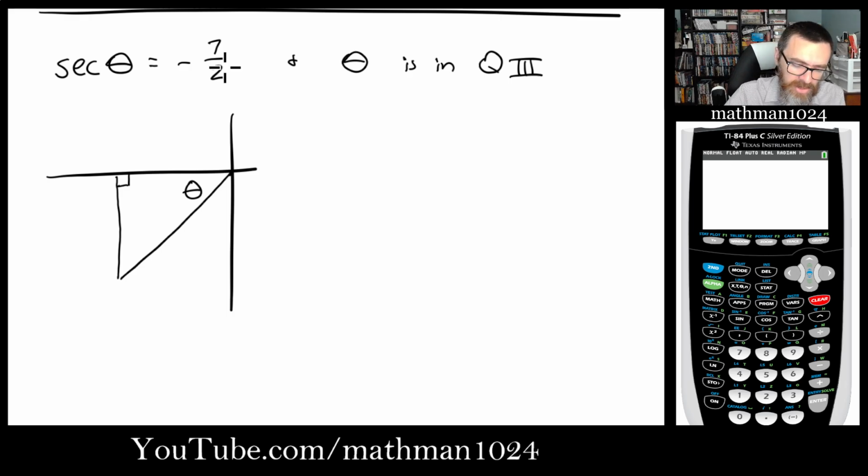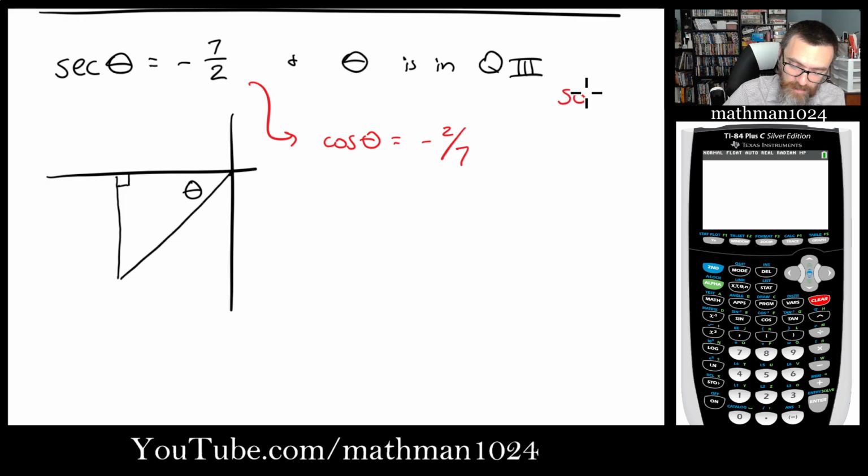Now, this is what my secant is. And I don't know about you, but I feel like I always have to put it back into cosine form so I can make sure I totally understand what's going on. So if this is the case, that means that the cosine, which is the reciprocal of secant, is going to be negative 2 over 7.